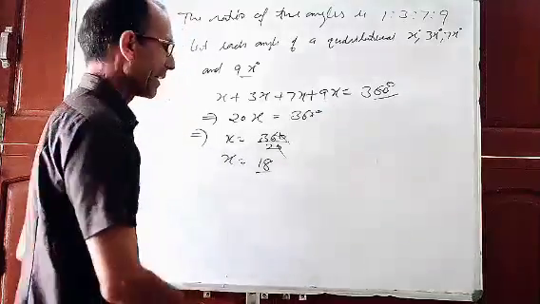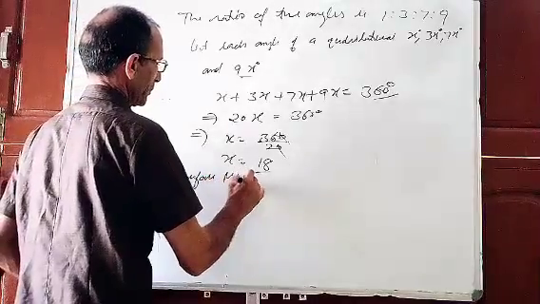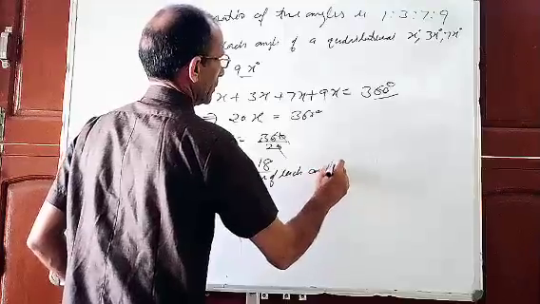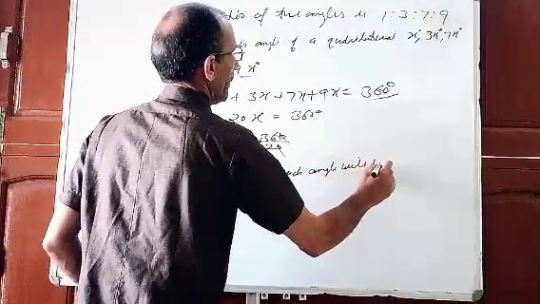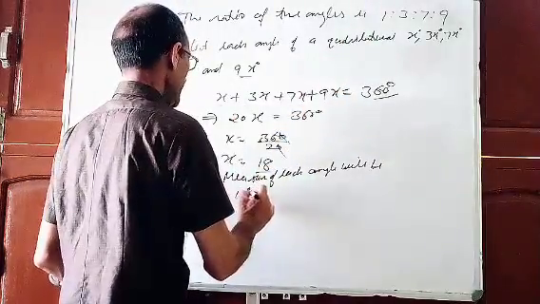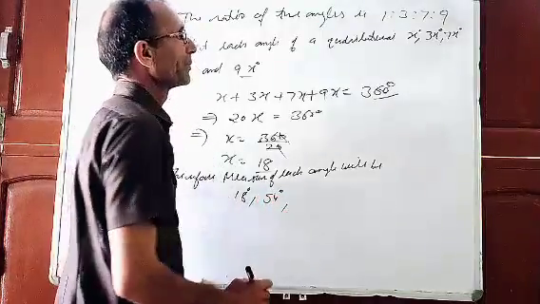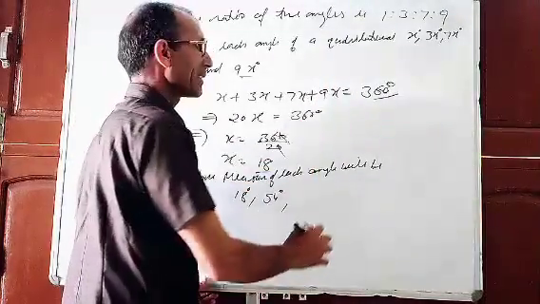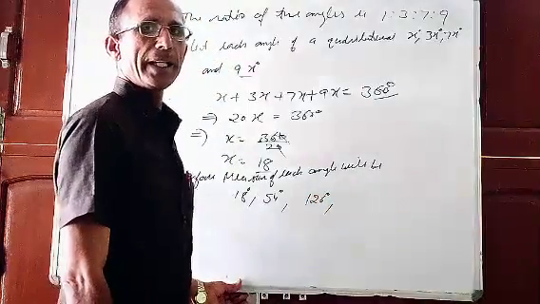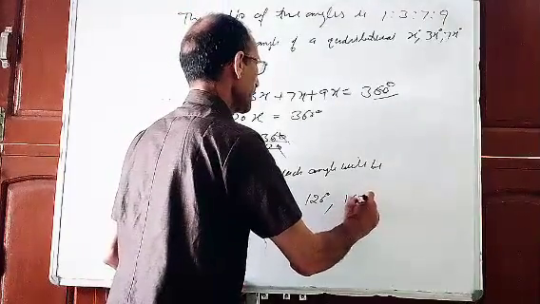Therefore, the measure of each angle: x is 18, so 18 degree. 18 multiplied by 3, 54 degree. 18 multiplied by 7, 126 degree. 18 multiplied by 9, 162 degree.